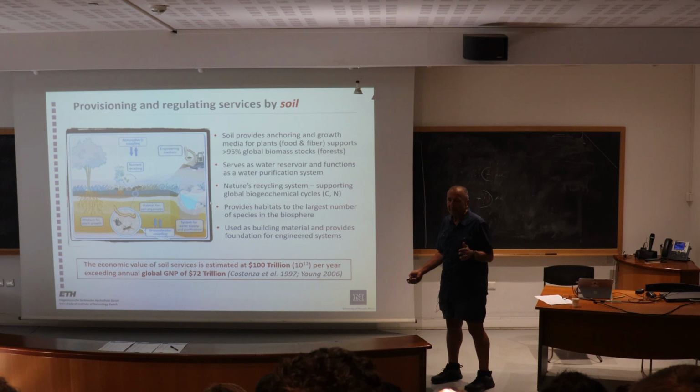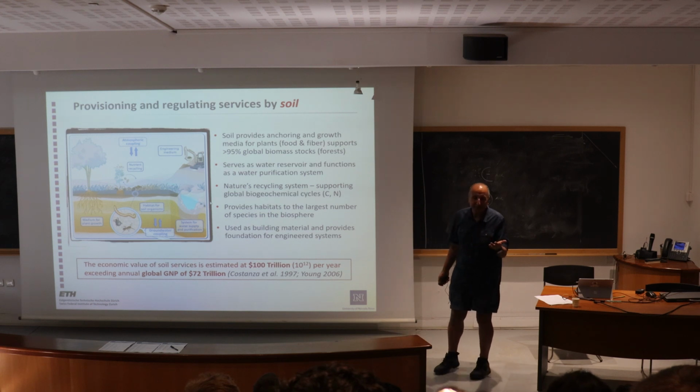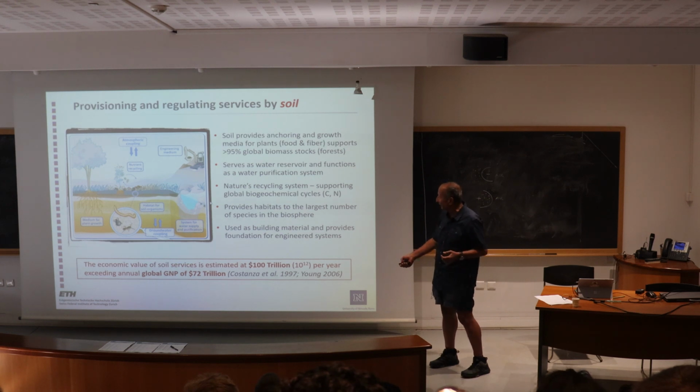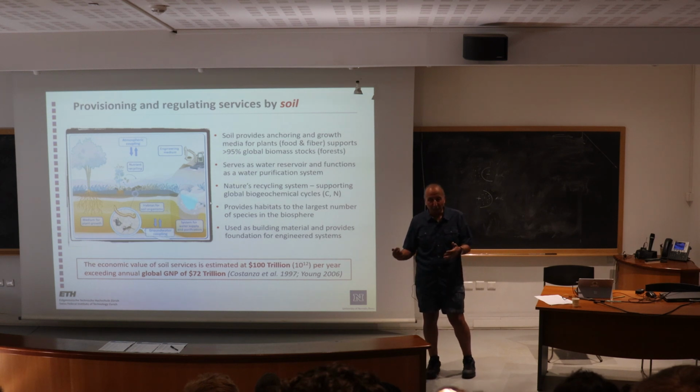There is a bit of a silly economic analysis of how much it would cost us to provide these services. It's like asking how much it would cost you to buy oxygen if you needed to breathe. So that's basically the same logic, but maybe it's useful to place this in context and have a bit of humility when we think about the services we get from soil. And so this group estimated $100 trillion per year as the worth of these services.